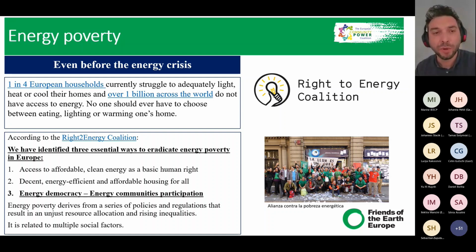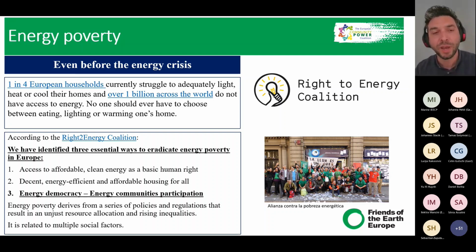So according to the Right to Energy Coalition, there are 3 ways identified to eradicate energy poverty in Europe. The first one is to secure access to affordable clean energy as a basic human right. The second is decent energy efficiency and affordable housing for all. And the third one, and this is where the synergies start to develop, is energy democracy and energy communities participation.